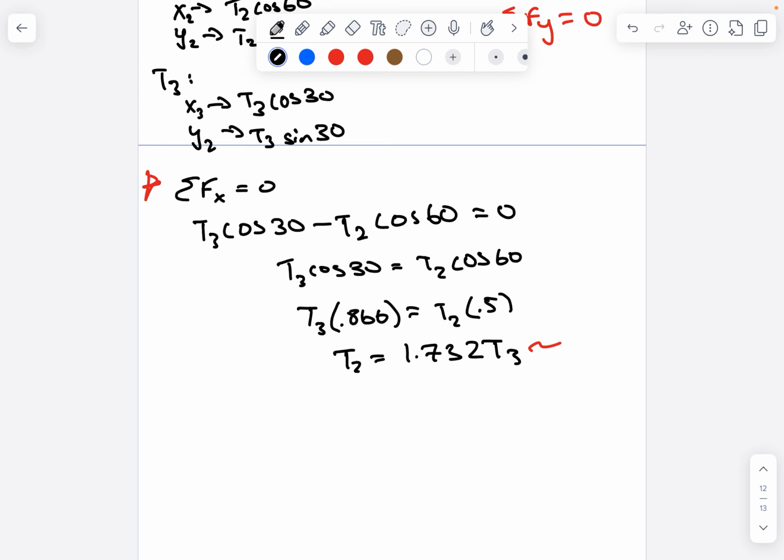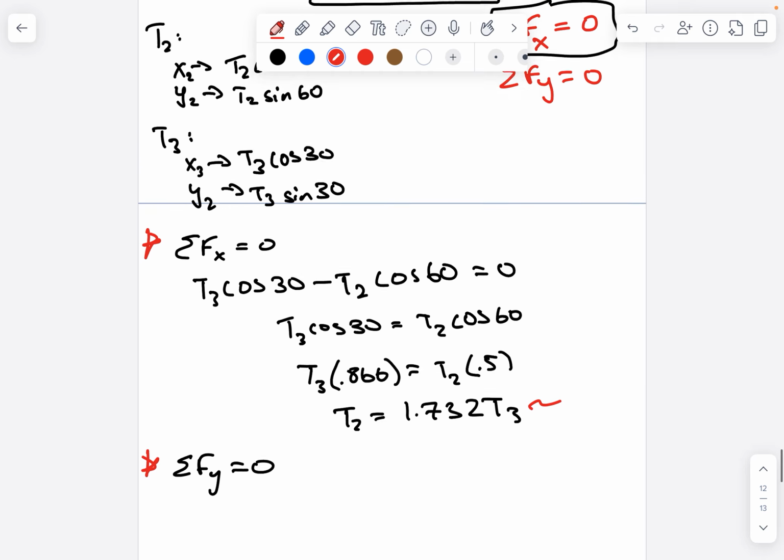So let's do the same for the y direction. Sum of forces in y is equal to 0. And this is sum of forces total, so we're going to have to include tension 1 as well.